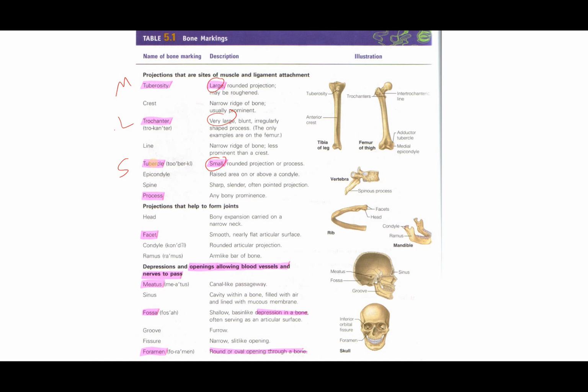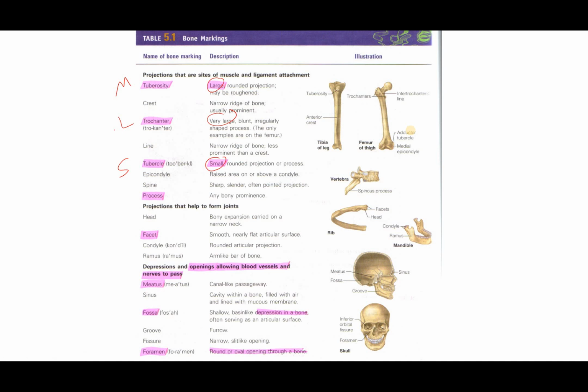On your atlas bone, we have the anterior tubercle. And over here you have the adductor tubercle. This is a site for some of your adductor muscles. We'll get to the muscles when we get there, but there are several of them on the medial side of your femur bone. This word adductor means you're adding to the midline.